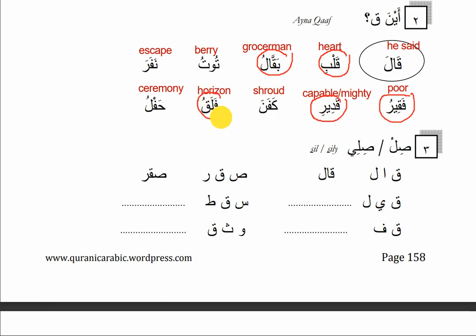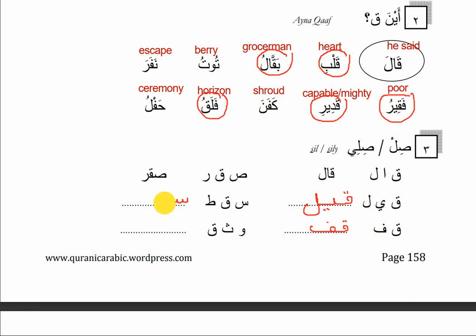We have a heavy sound here. Hafl. No. Let's join. So qaf initially, and then ya, and then lam. Qeel. Qaf and fa. Two dots for qaf, one dot for fa.